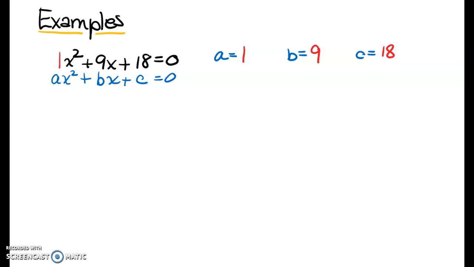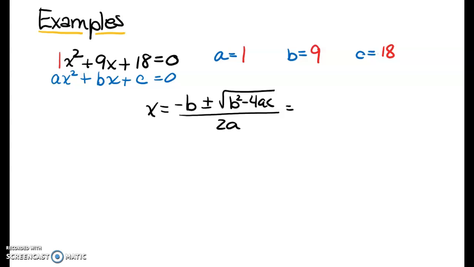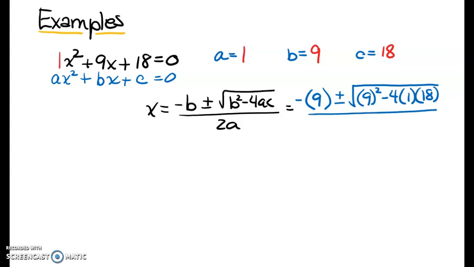So the formula that was written above was negative b plus or minus the square root of b squared minus 4ac all over 2a. So I'm going to go ahead and just substitute those values in. Make sure I put them in parentheses. 9 squared minus 4 times 1 times 18 all over 2 times 1.